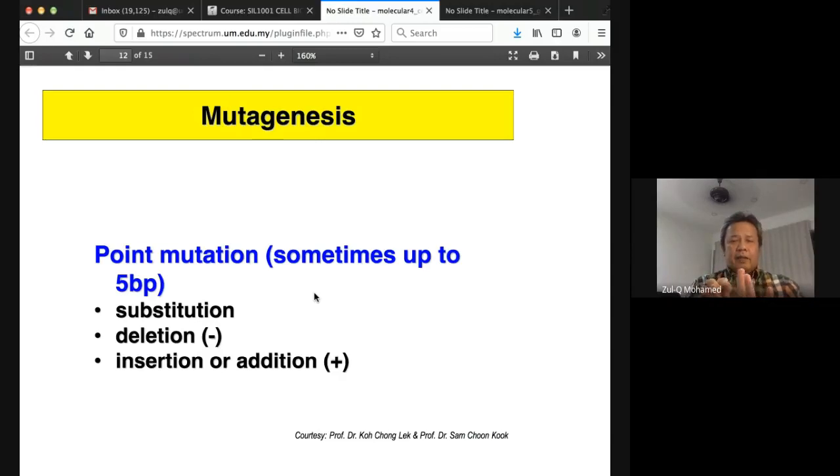So if it thinks that there's only 1 T here, you get a deletion in your replicated product. Sometimes the polymerase thinks that the distance between these 2 bases is too big, maybe there's a missing base, so sometimes it will add an additional base. So this is one of the causes of addition and deletion, because the shape of the DNA itself has been distorted.